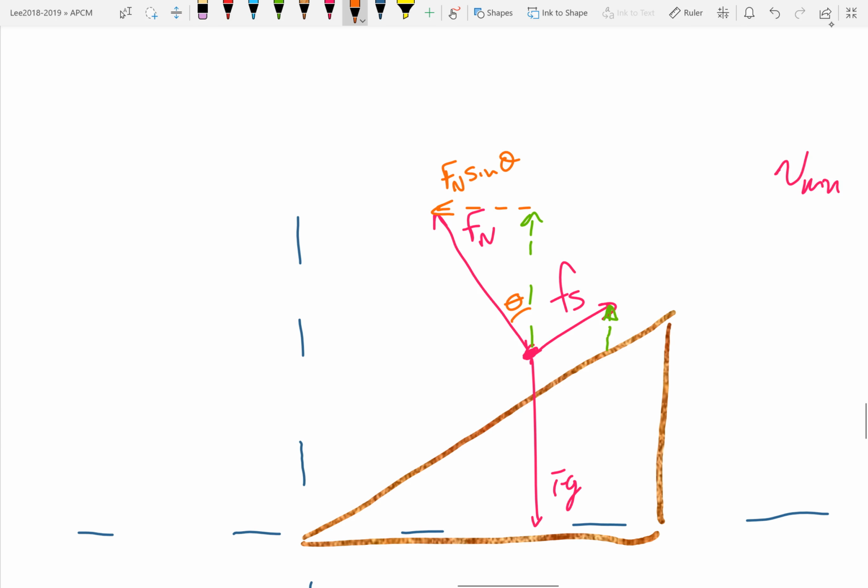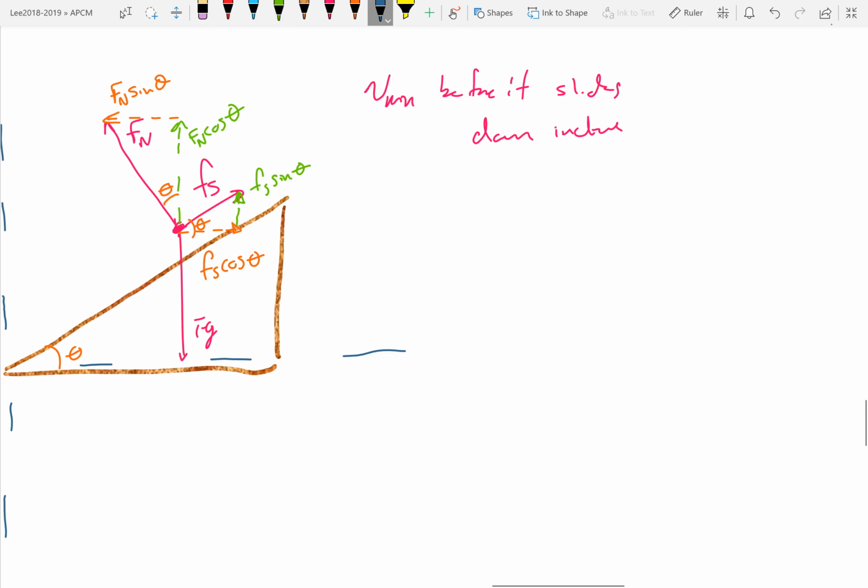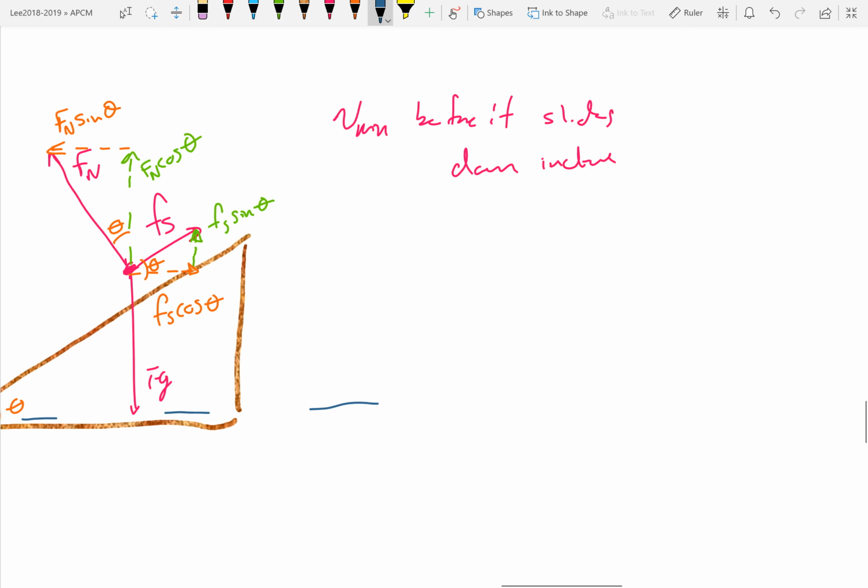Remember, our theta is here. And then in green, this is Fn cosine theta because it's adjacent. And then I have this component in orange of the static frictional force that now points away from the center of the circle. So that's Fs cosine theta, and I have Fs sine theta, and Fg is Fg. Real quick, this is again condition 2, about to slide down the incline. Second law.